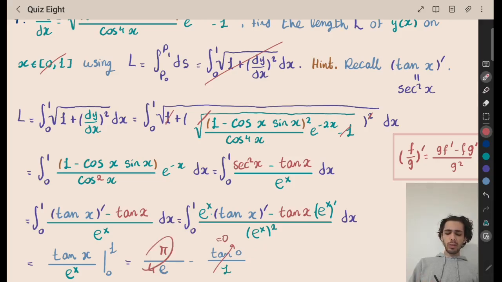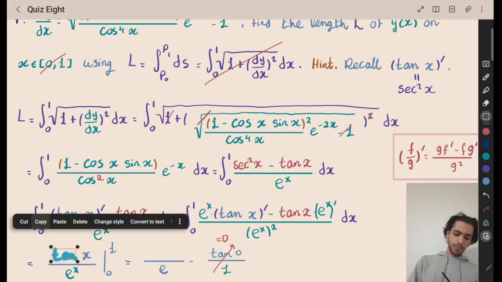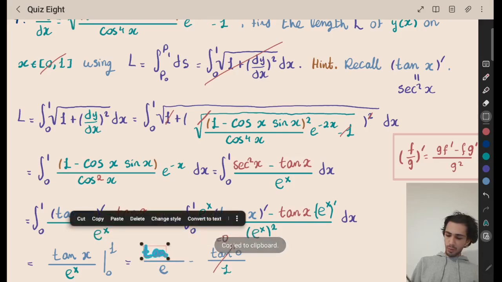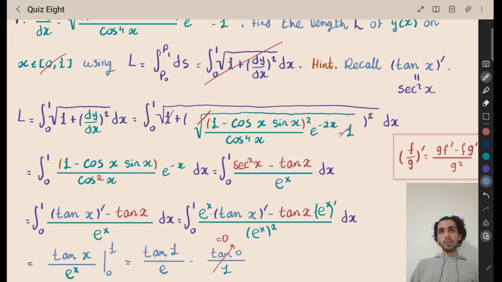What I just computed is the tan inverse. Tan inverse of 1 is pi over 4. I think I mistook it because I did another exercise where you have the tan inverse and I explained the same thing. So tangent of 1 is just tangent of 1. That was an error from my side. Yes, tangent of 1 is just tangent of 1. That is a good takeaway. But the tan inverse of 1 is pi over 4, that is for sure. But that is perhaps not relevant for this exercise.